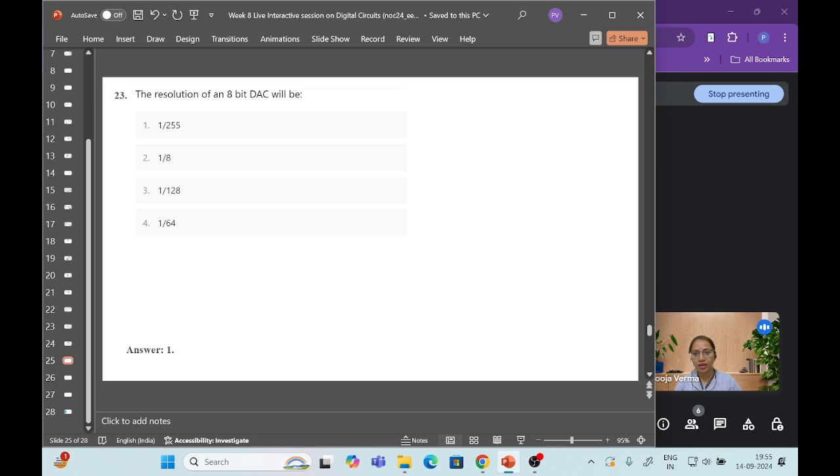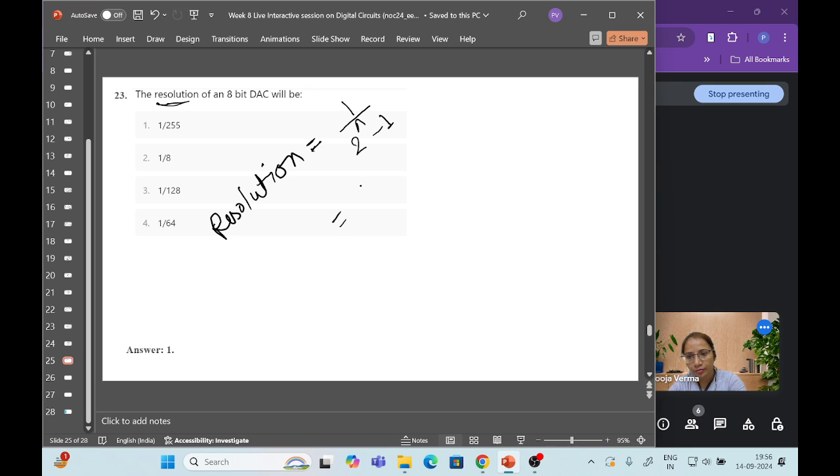Moving to the next question. The resolution of an 8-bit DAC, digital to analog converter, will be what? What is the formula of resolution? If you have gone through the slides, the formulas for all the values, that is resolution and error, and how to calculate error, are given. So it is 1 by 2 to the power n minus 1.